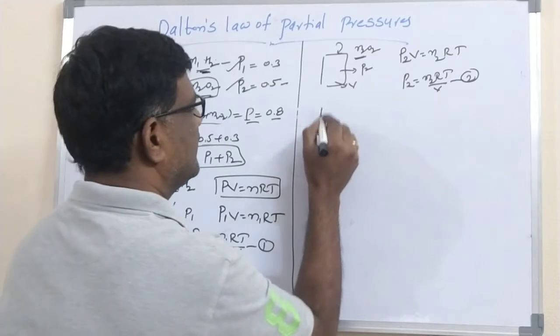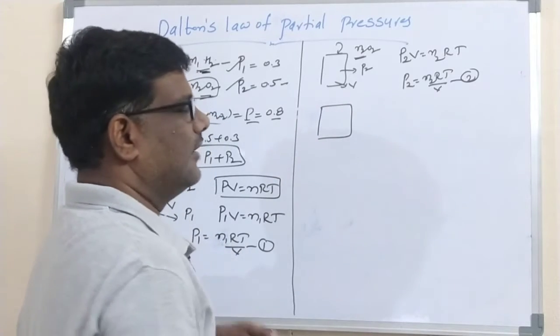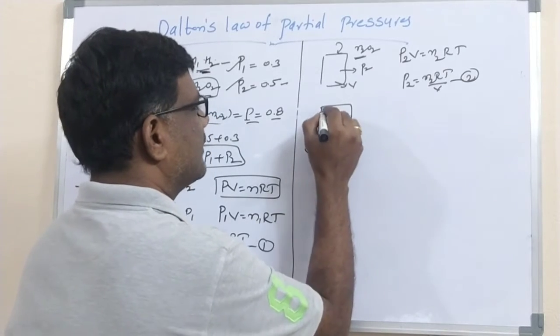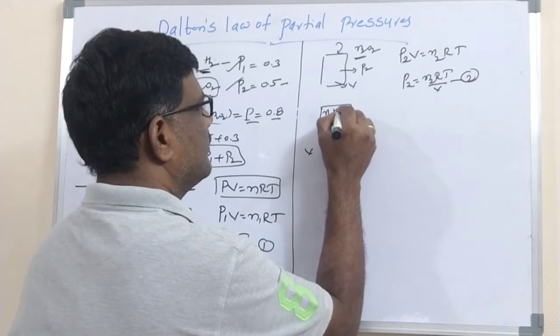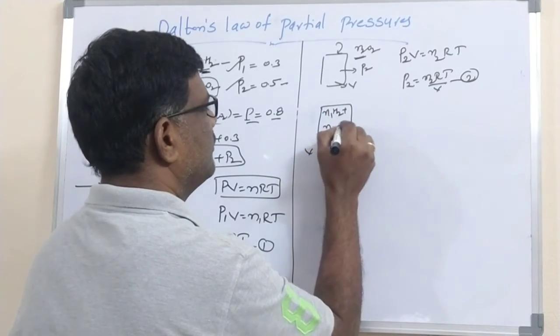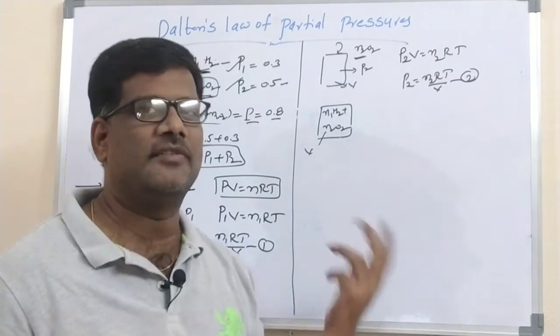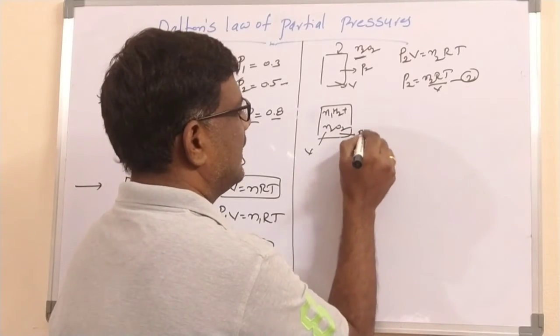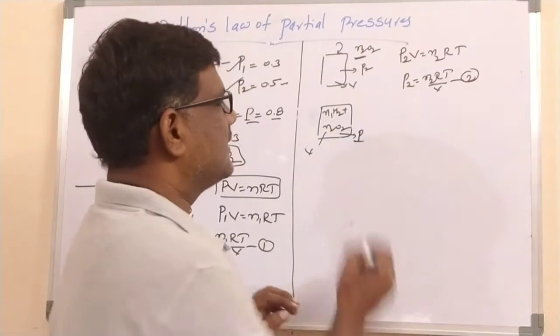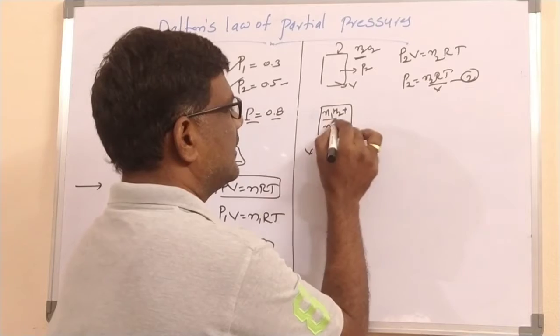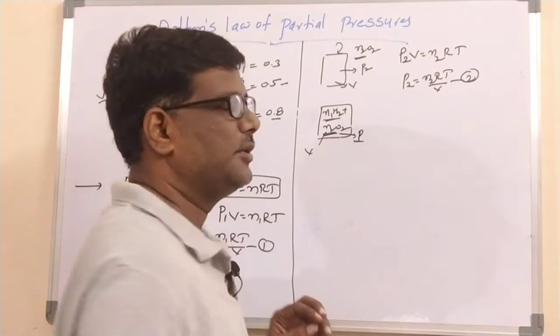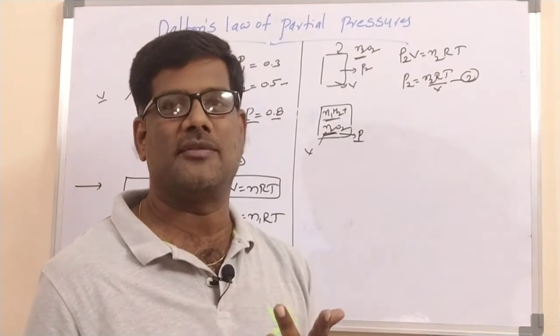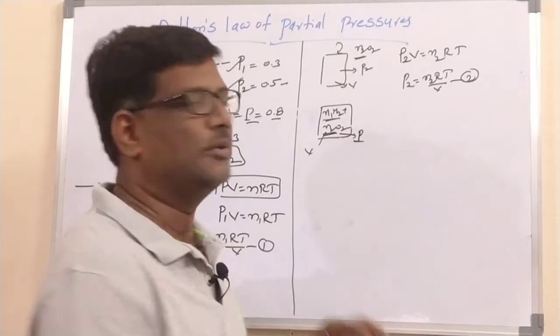Now, what is the third case? The same vessel with volume V is filled with N1 moles of hydrogen and N2 moles of oxygen, nothing but the first two gases taken together. The pressure exerted by the mixture of the gas is taken as P. The total number of moles is N1 plus N2.